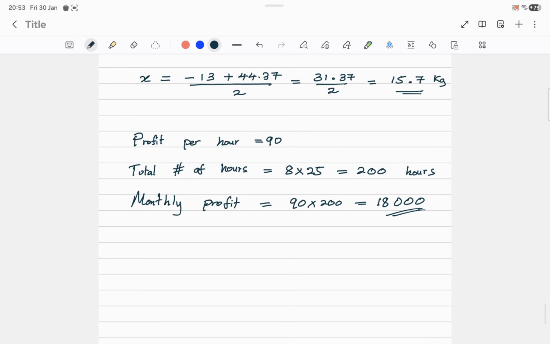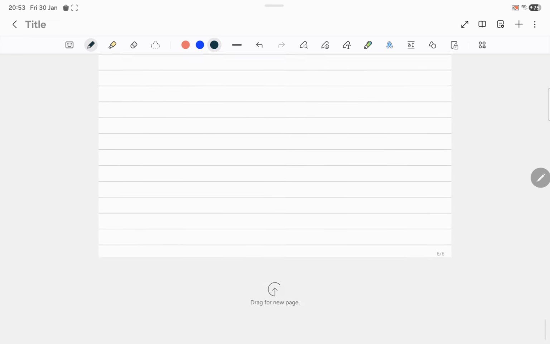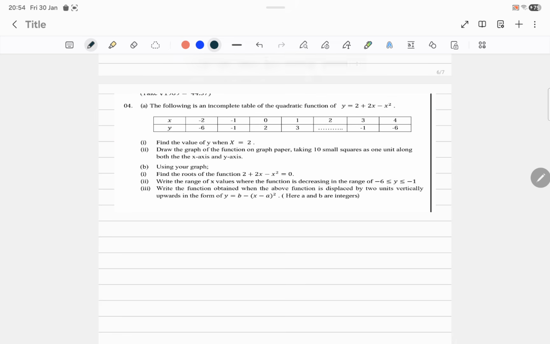Right. Okay, next we'll look at question number 4. We are given a table. The following is an incomplete table of a quadratic function, y equals 2 plus 2x minus x squared. Part 1, find the value of y when x equals 2.